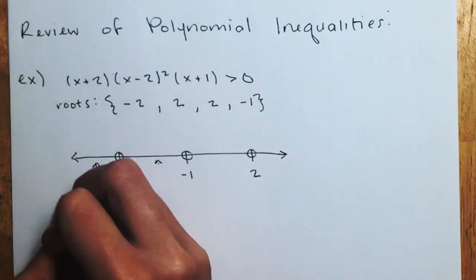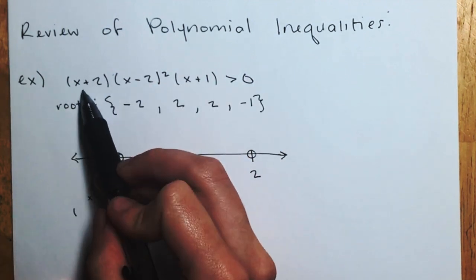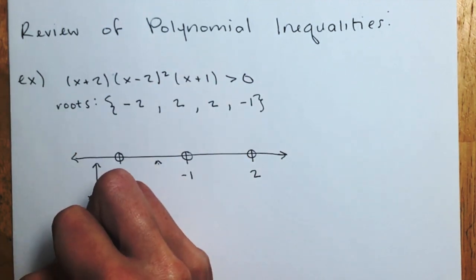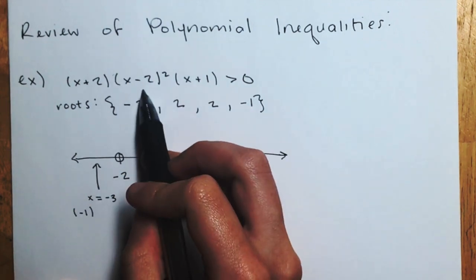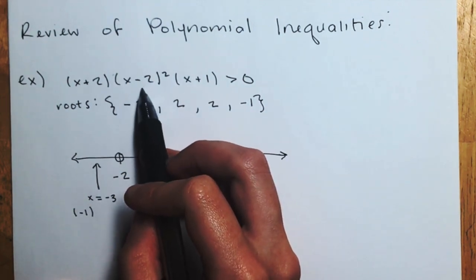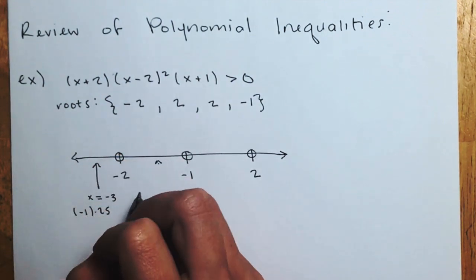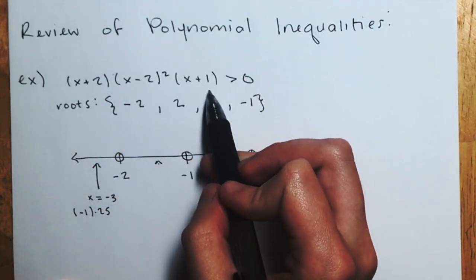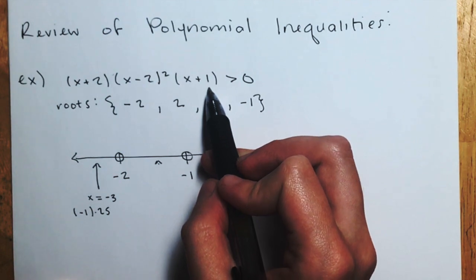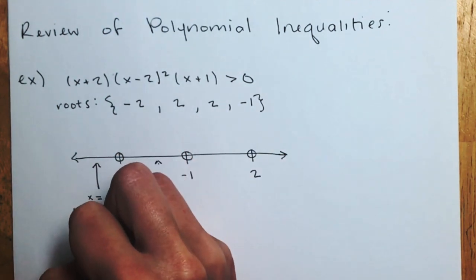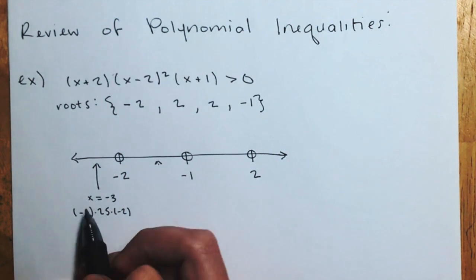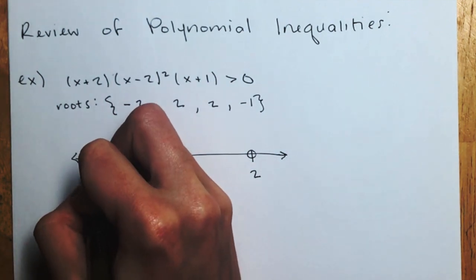If we plug that in, we get, for this one, -3 plus 2 is -1. -3 minus 2 gives me -5. Squared is +25. And then -3 plus 1 is -2. So it's negative times negative, so this one's going to be positive.